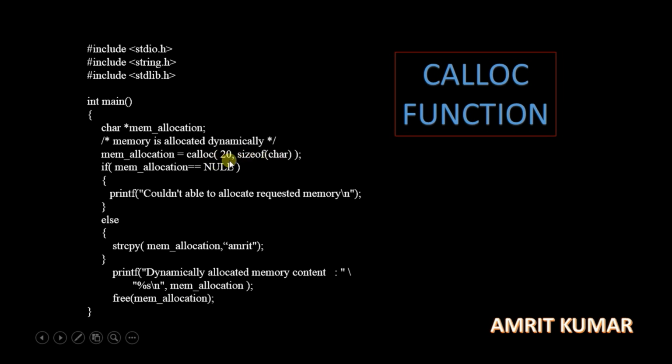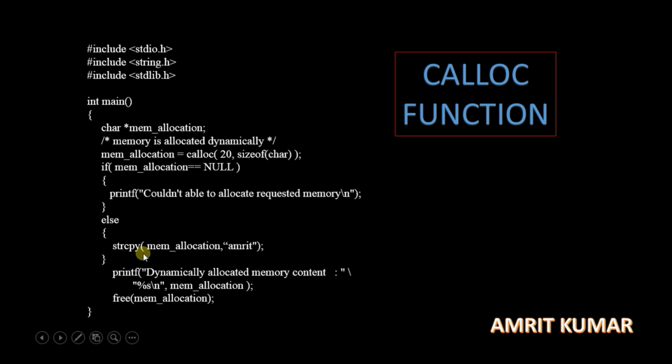20 bytes of memory is going to be allocated here and assigned to mem_allocation, which is the pointer variable. If mem_allocation returns a null value, it is going to print that it could not allocate the requested memory.